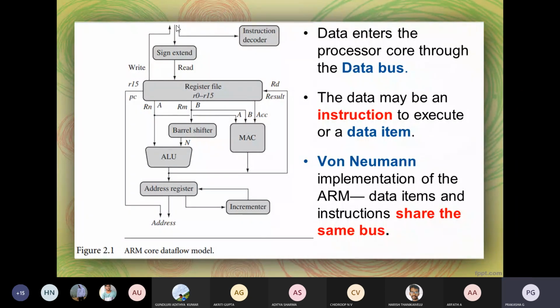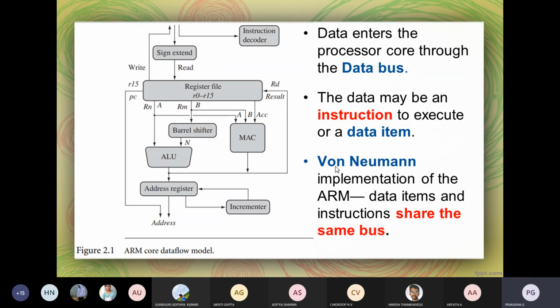If it is an instruction, it has to be decoded. Generally, I'm a user writing code like A plus B, or add A comma B, but the machine will not understand add A comma B. It has to be decoded into machine language, so the instruction decoder will take that.